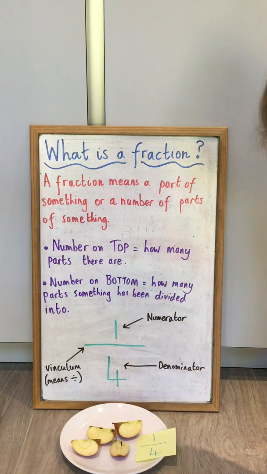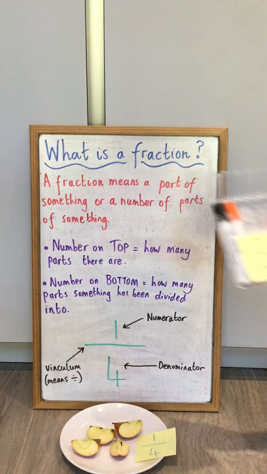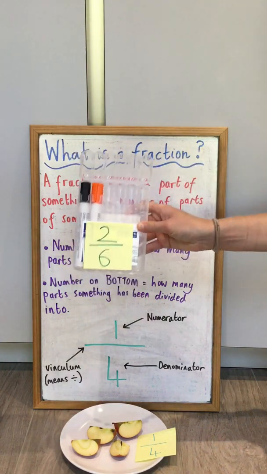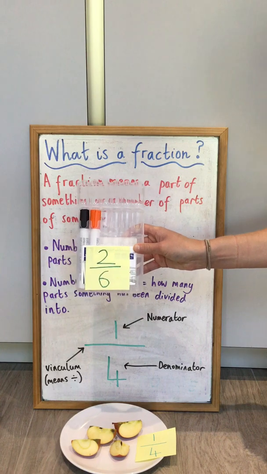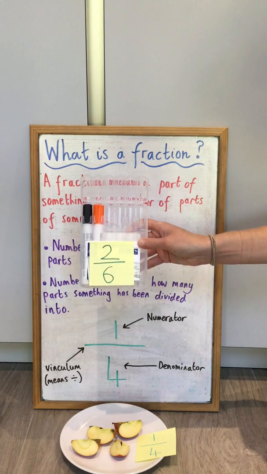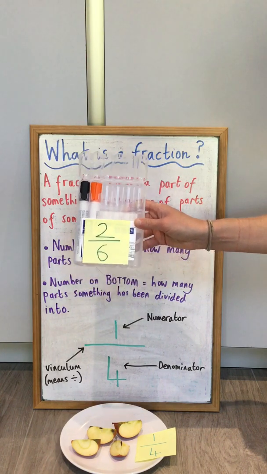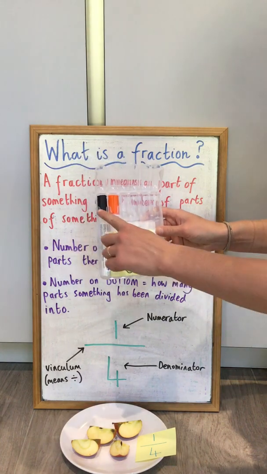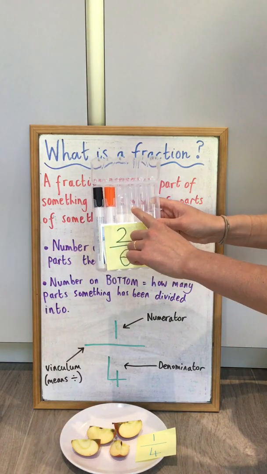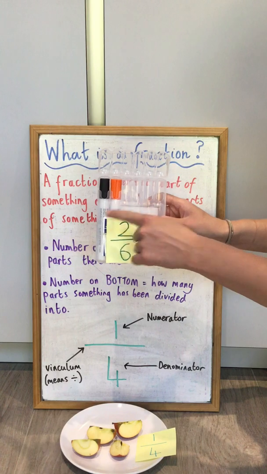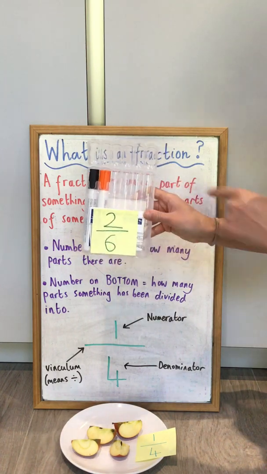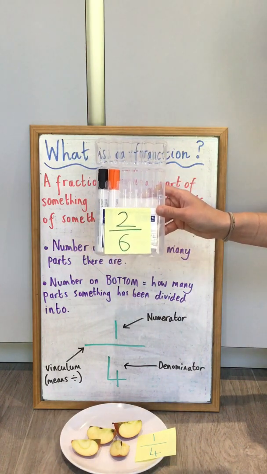The second visual representation I've made is this one. These are my whiteboard pens, and there are 6 slots in this plastic packet: 1, 2, 3, 4, 5, 6. So 6 slots in total.